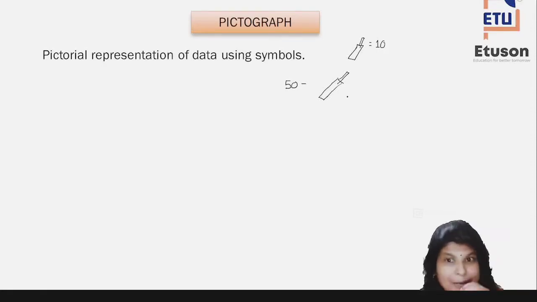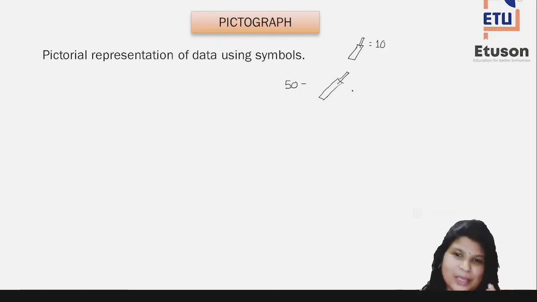But if it is 50, you cannot draw 50 bats together. It is a tedious process, right? So in a pictograph, we take an enlarged scale. That means one bat representing 10, or one bat representing 100, or 20. Depending on the runs scored, you can choose.